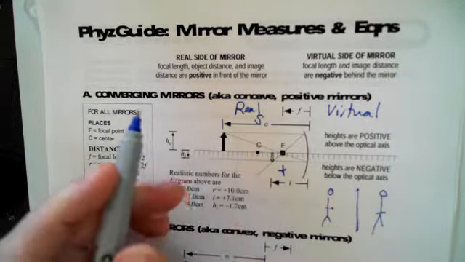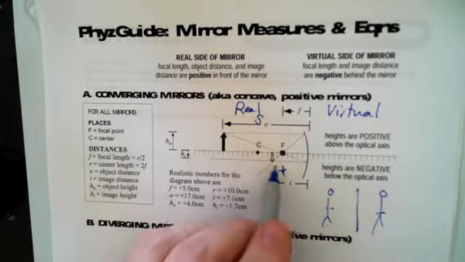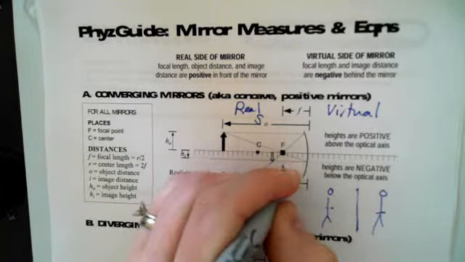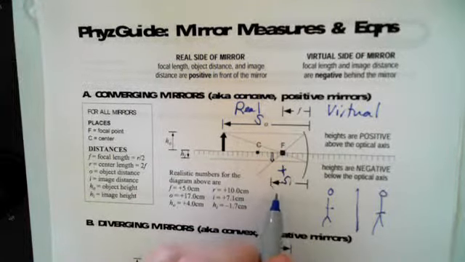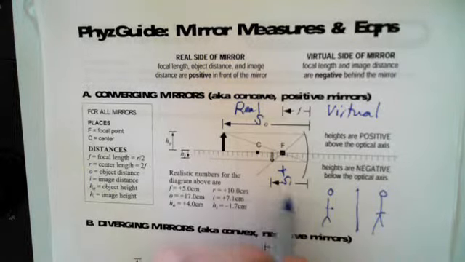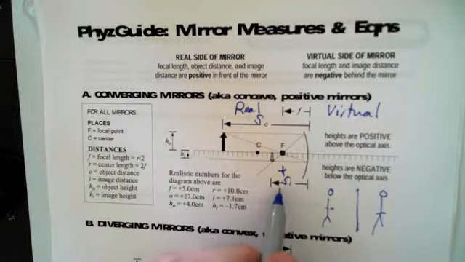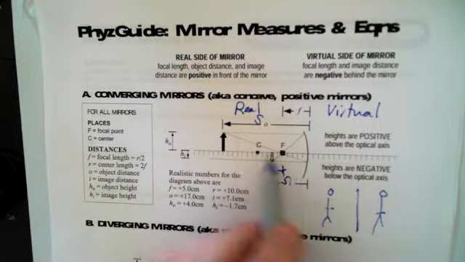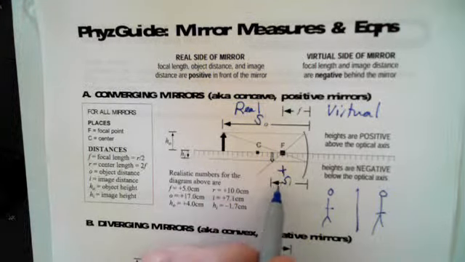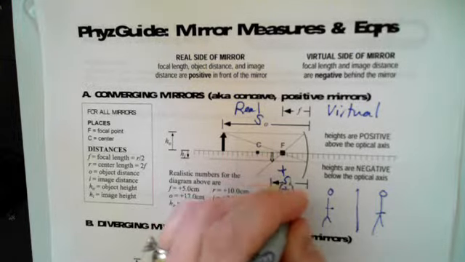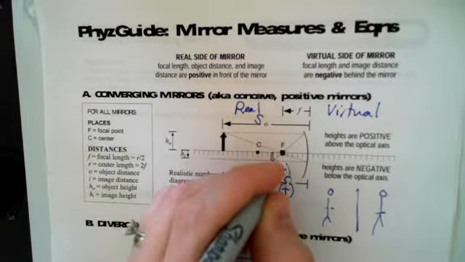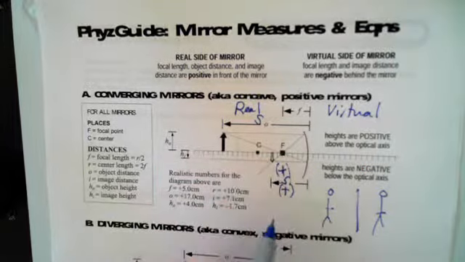Okay, if your image is on the real side, so here's our image distance, it's going to have a positive value. So anytime your image is real, okay, that means it's going to be on the same side as your object, and it means it's going to have a positive value, just like the focal length is positive for this type of mirror.